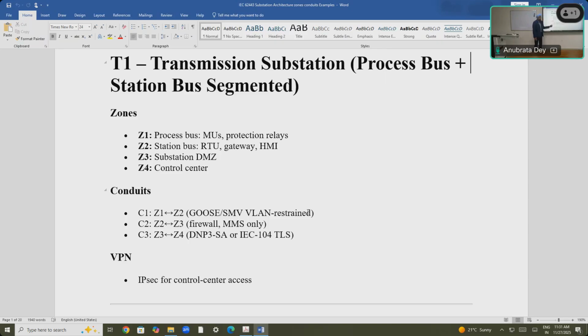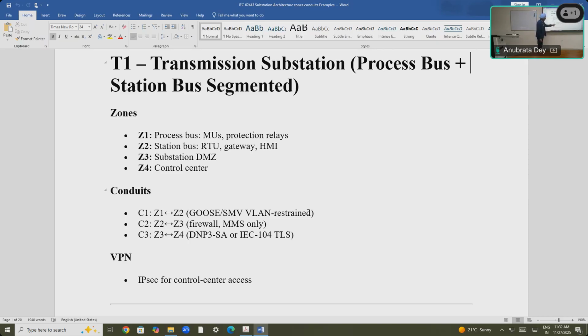And then there will be conduits, obviously, the communication connection between the zones. For example, zone 1 to 2, which is process bus to station bus, you will have GOOSE, sampled values, and you could actually do a virtual LAN there, right? Conduit 2 will be from zone 2 to 3. How will you do this? Obviously, you can have a firewall there, and it will allow only MMS. That means client-server communication type.